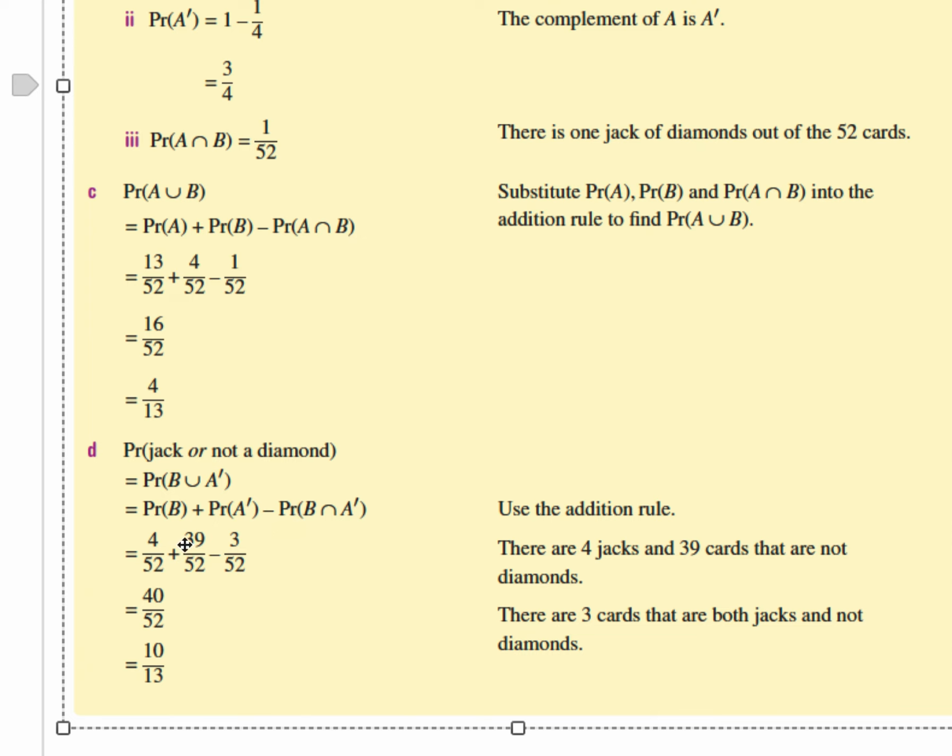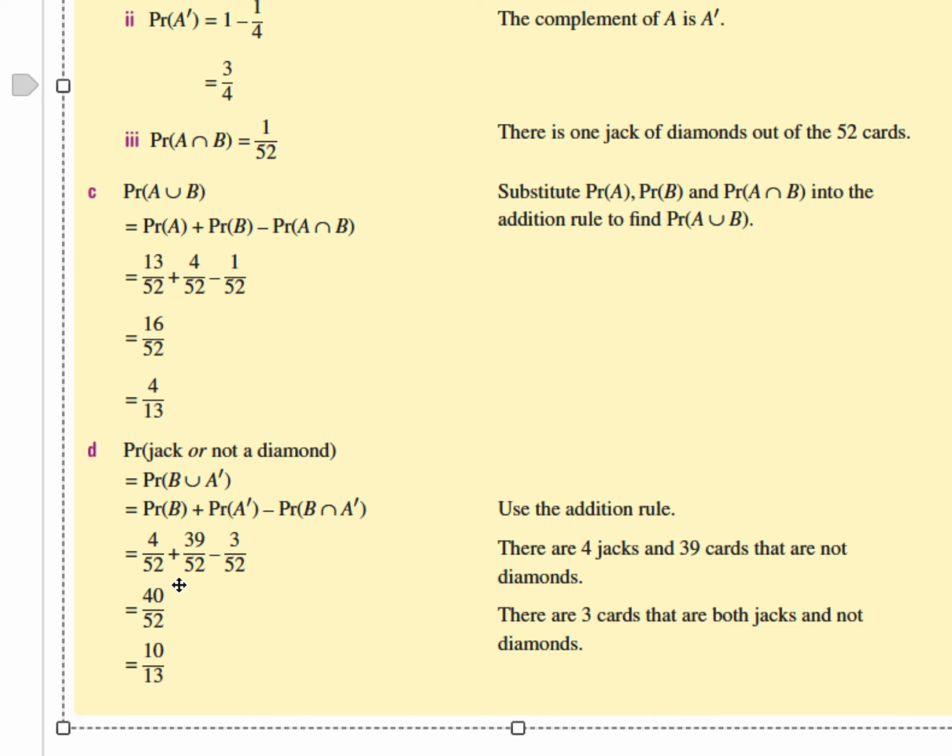So we know the probability of B is 4 over 52. If our probability of A is 13 over 52, our probability of not A is going to be 39 over 52. So when we add that 39 and that 13, we'll come to 52. And then we're going to minus the probability of B and not A. So remembering that B is that it is a jack, and not A means it's not a diamond.